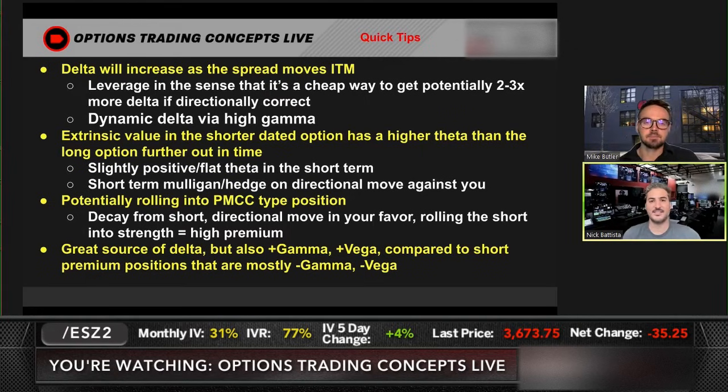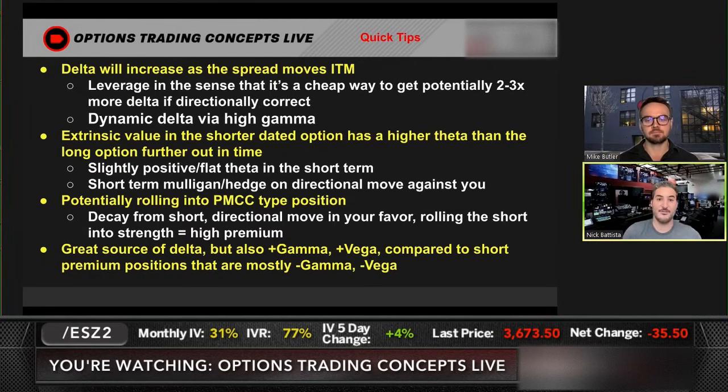And lastly, this is a great source of delta, but it's also a positive gamma and positive vega position, which, when you compare to a lot of our trading strategies, like short strangles, short spreads, and iron condors, are positions that are mostly short gamma and short vega.